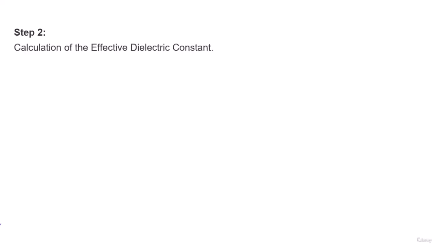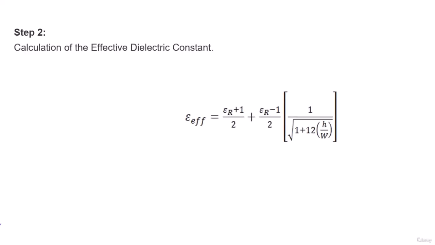In step 2, we will calculate the effective dielectric constant, which is represented with epsilon r with subscript eff. This is the expression. We have the epsilon r value 4.3 for the FR4. We have the height 1.57 millimeter or 0.00157 meter, and we have calculated the width in the previous step, which was 0.00714 meter.